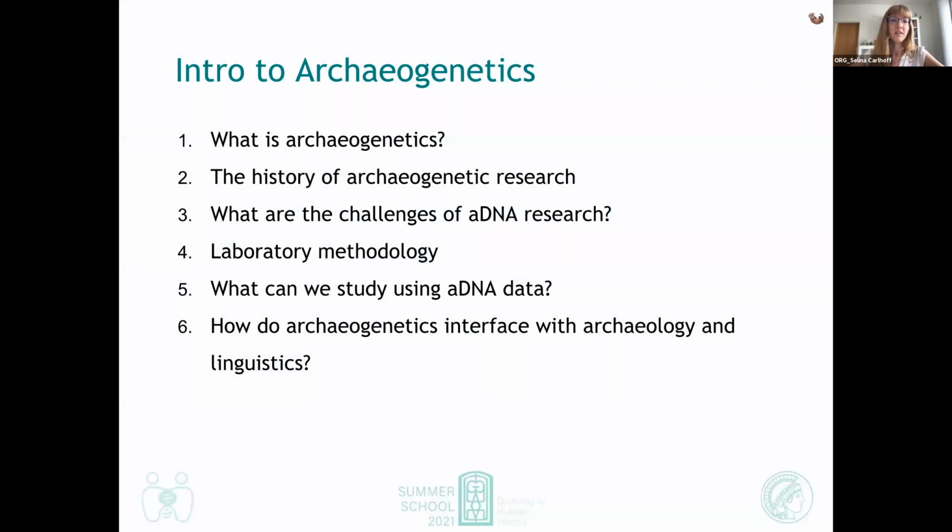First are some definitions and also the history of archaeogenetic research, and then why ancient DNA research is so challenging, where we'll also go into some of the laboratory methodologies that we need to extract DNA from ancient material.